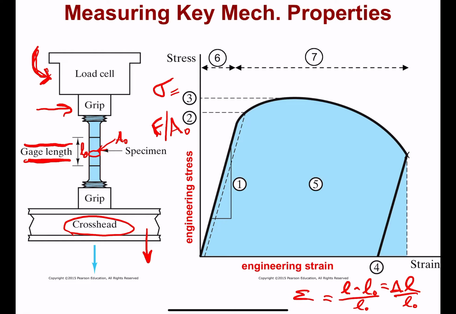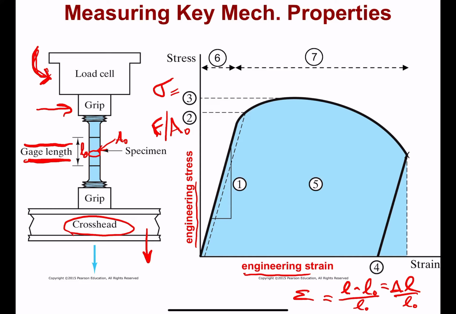Notice I'm using here engineering strain and engineering stress. These are additional terms we apply to show that we are relative to the initial length and cross-sectional area. We'll see at a later lesson that we can replot this information per the actual dimensions of the sample as it's being loaded or strained.